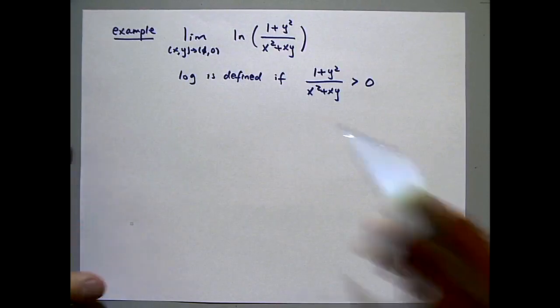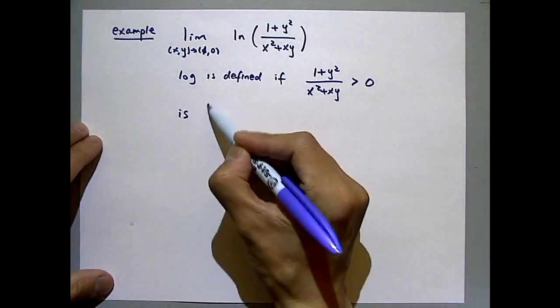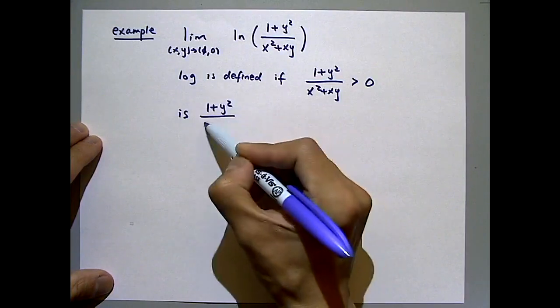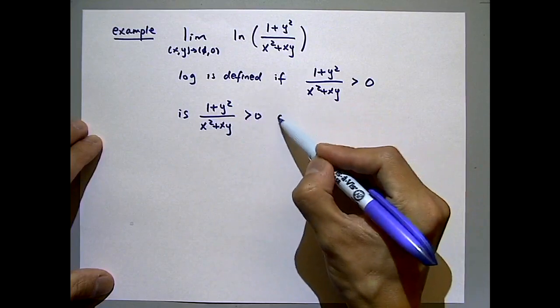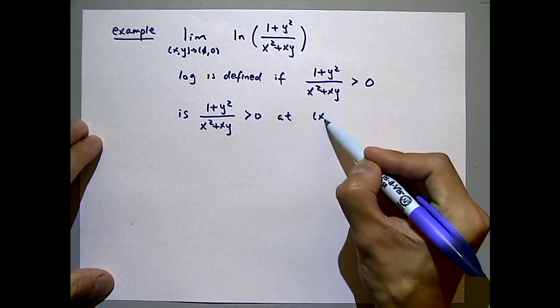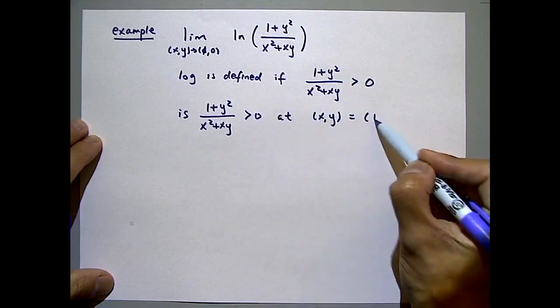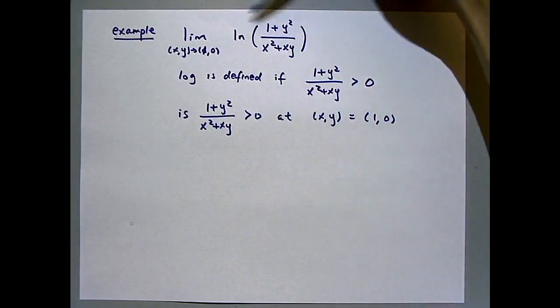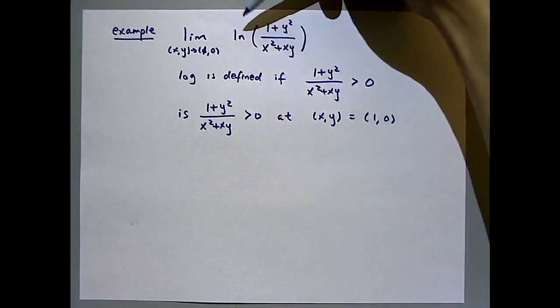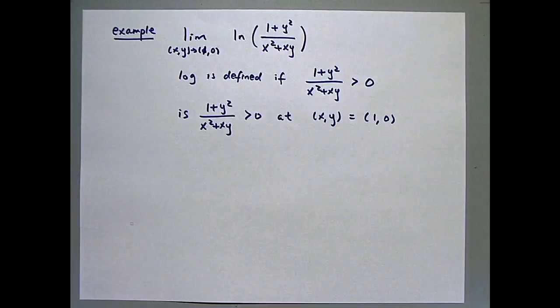And now the question you want to ask is, is 1 plus y squared over x squared plus xy greater than 0 at the point 1, 0? If so, then we know we're talking about a part of that natural log function where the function is defined. Therefore, continuous, therefore the limit is equal to whatever the function is.